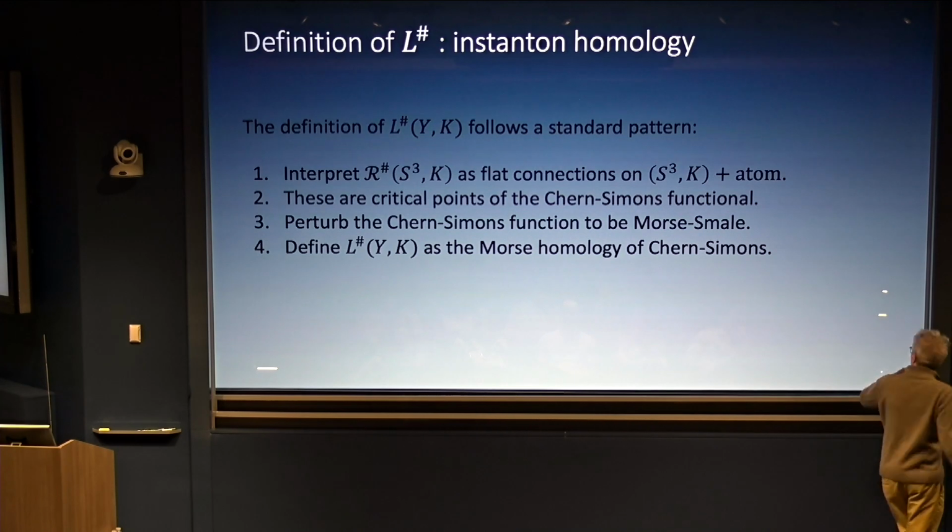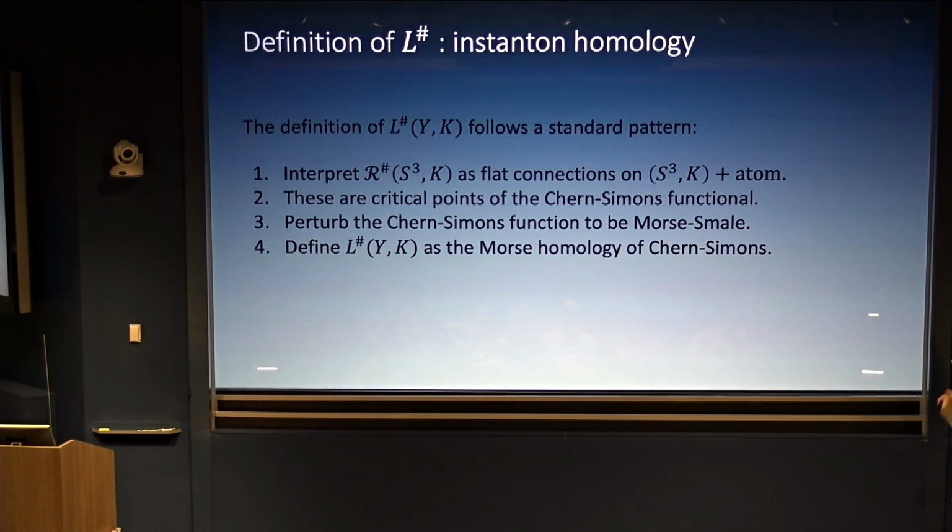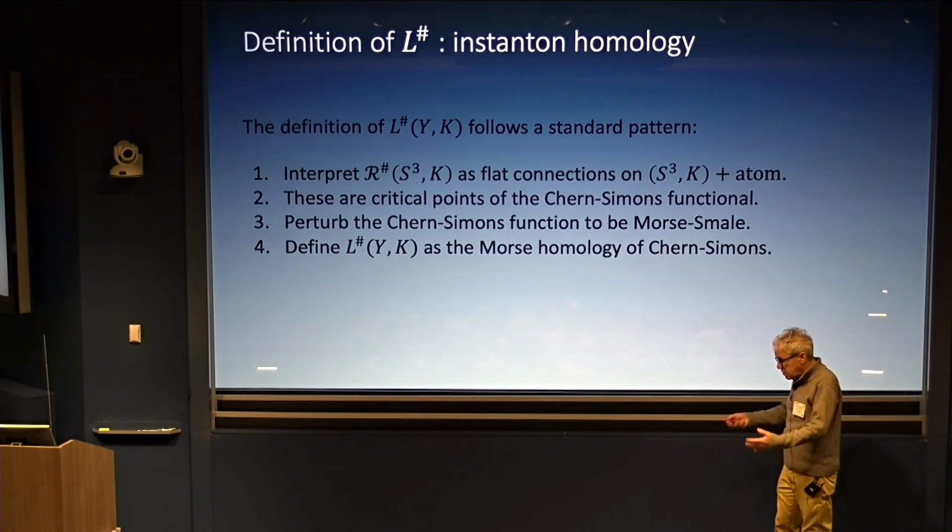And what you do is you interpret these framed representation varieties as the spaces of flat connections, flat bundles, on the orbifold, or the orbifold plus an atom, because you want that R sharp rather than just R. You interpret the flat connections as the critical points of the Chern-Simons functional, a function on the space of all connections, flat or not. You perturb the Chern-Simons functional so that it has more Smale properties.